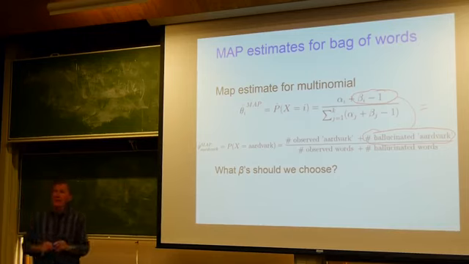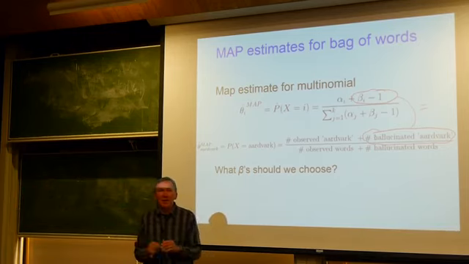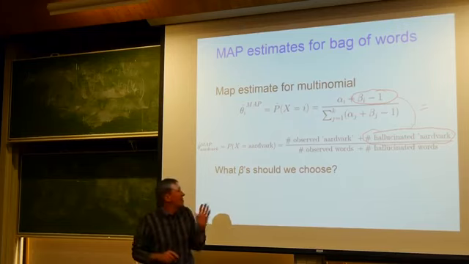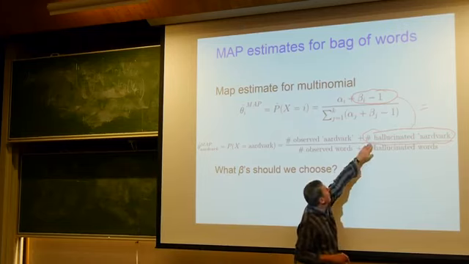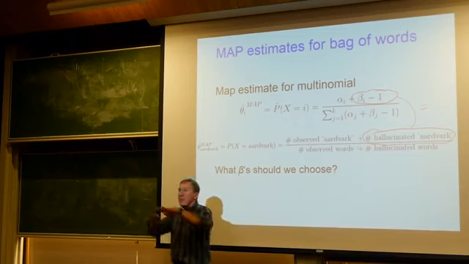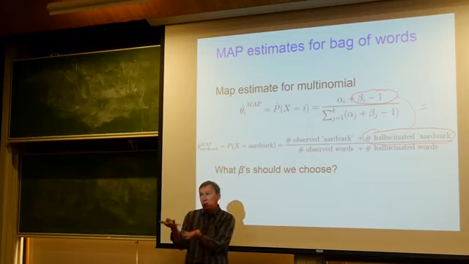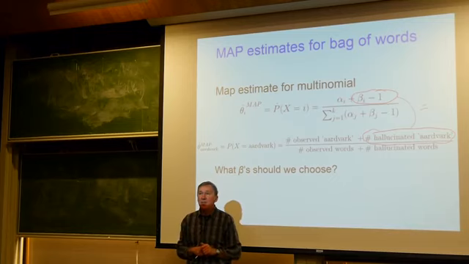A cheap way to do it, if you don't want to take the time to do that, is just say every word is equally probable. Just assign one hallucinated aardvark, which means a beta of 2 for each word. So that would be a uniform distribution, much less reasonable given the true nature of language.